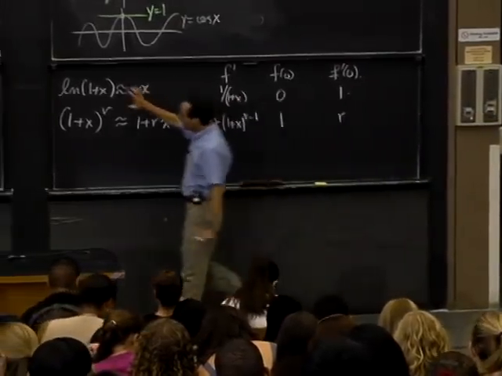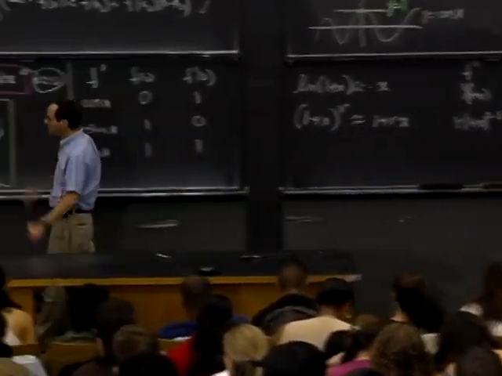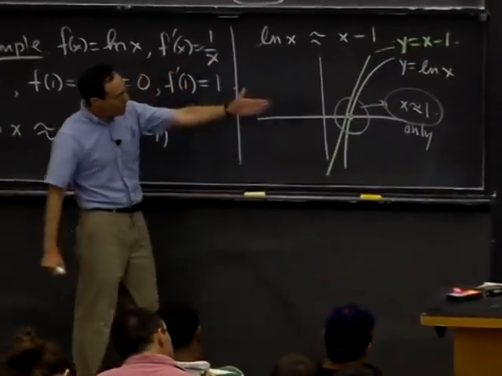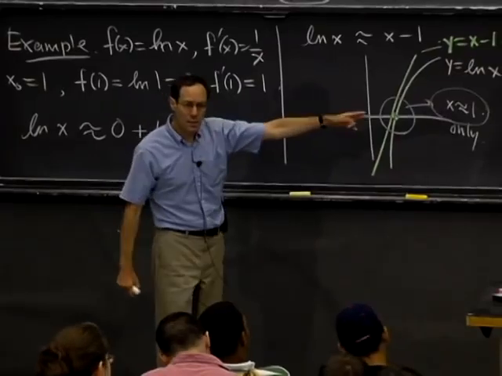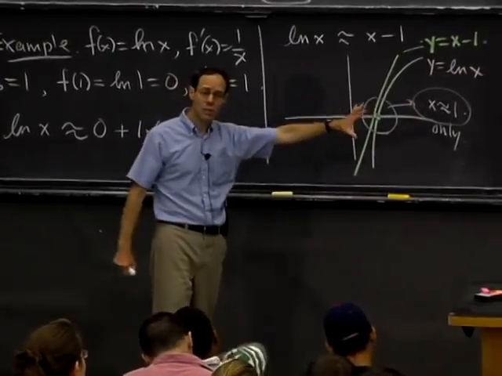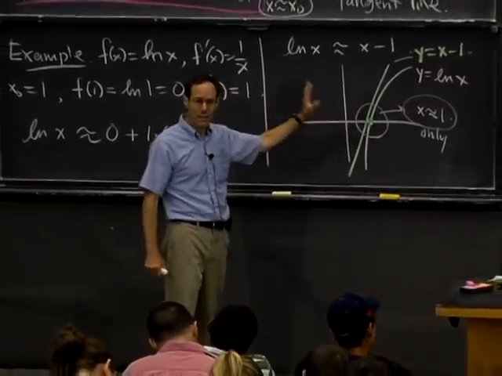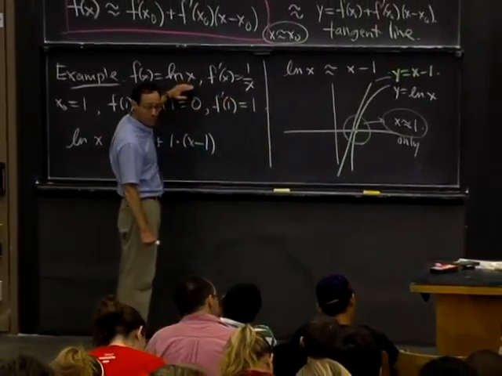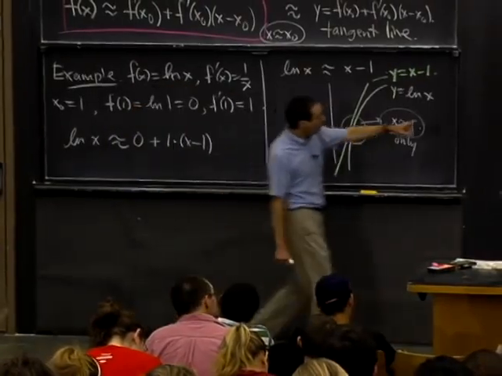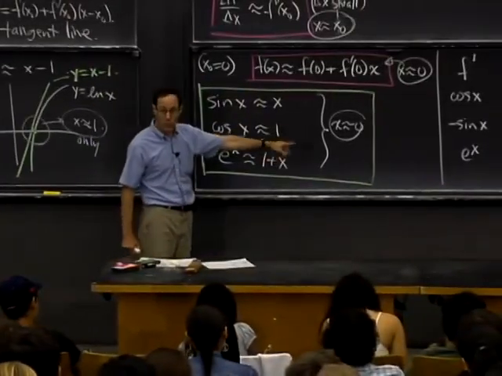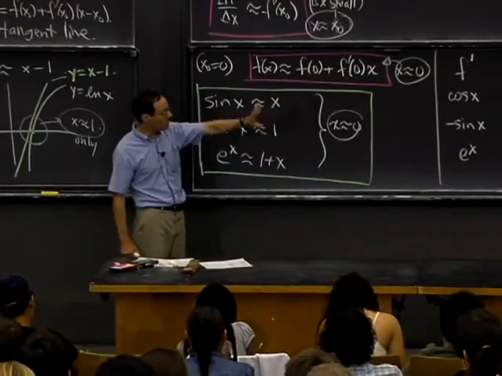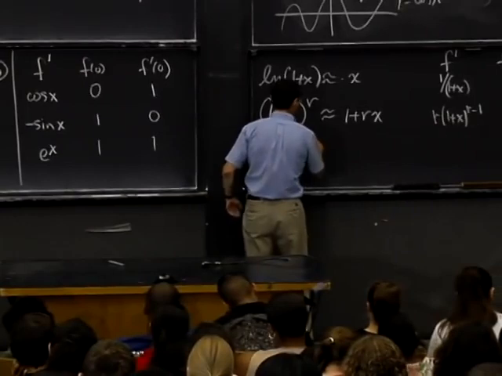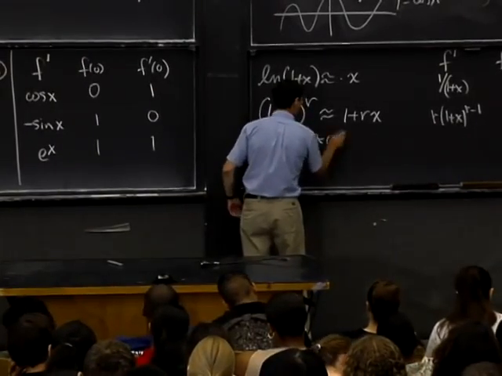Now I do want to explain the connection with the first example. We already did the logarithm once, and let's just point out that these two computations are the same, or practically the same. Here I use the base point 1. But because of my convenient form, which will end up being much more convenient for pretty much every purpose, we want to do these things near x approximately 0.